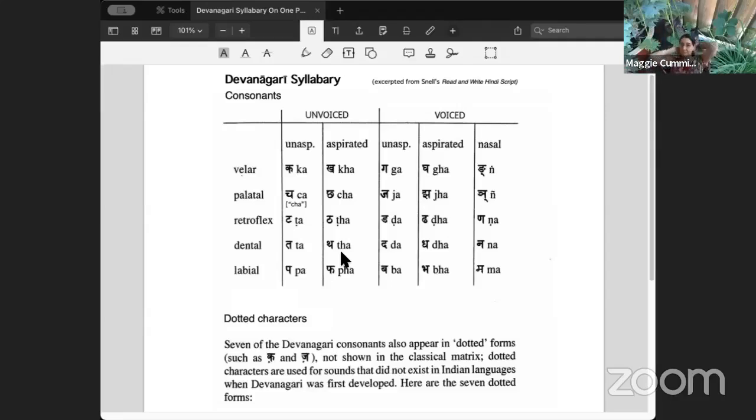Da, as in dawa, medicine or dawai. Dha, as in dhanush, like bow. Ta, tha, da, dha, na, as in namak, salt. Nahi also has that, right? Na, nahi.